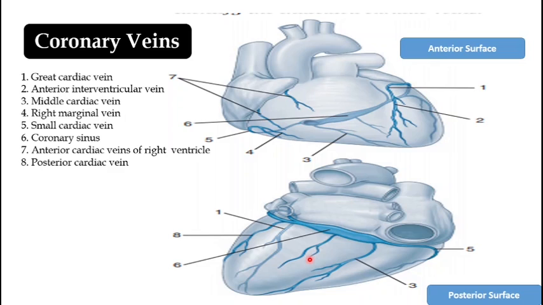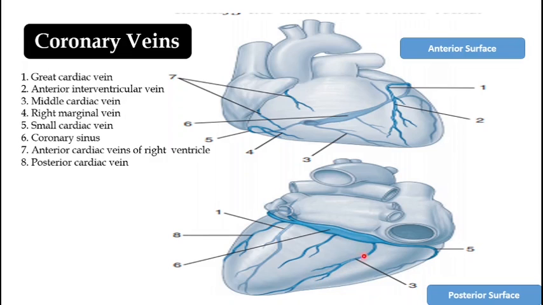Similarly, on the posterior side, we also have different coronary veins. The important coronary veins on the posterior side of the heart: this third one, this big coronary vein, is known as the middle cardiac vein.